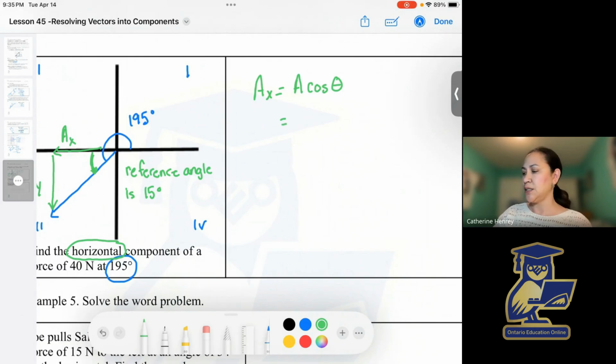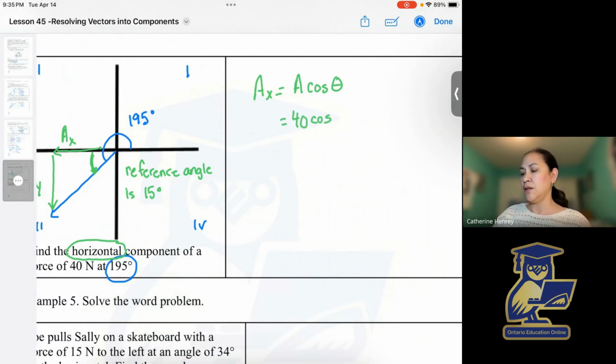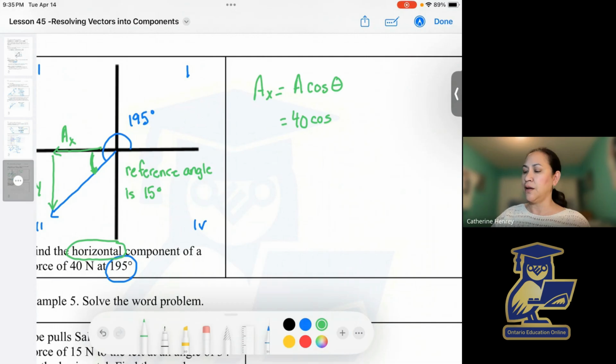In this case, the magnitude of my force is 40 newtons. Cosine, the reference angle, 15 degrees. And again, with my calculator, it'll come out to 38.6 newtons, and it is going to be to the left.